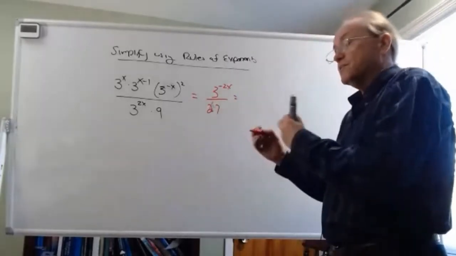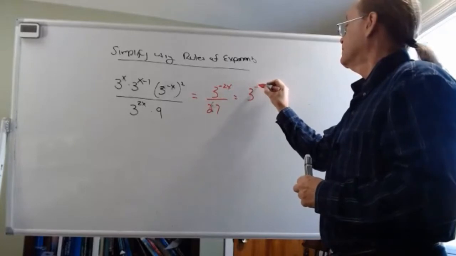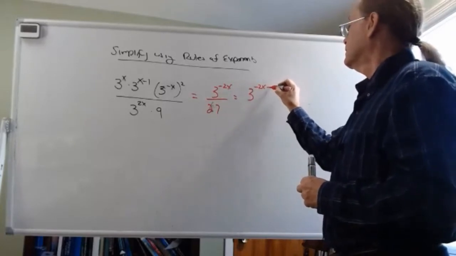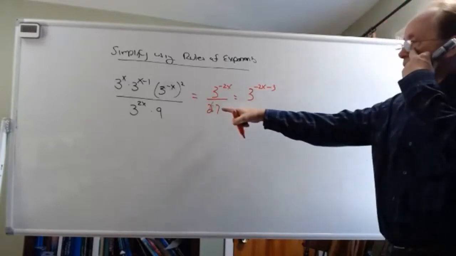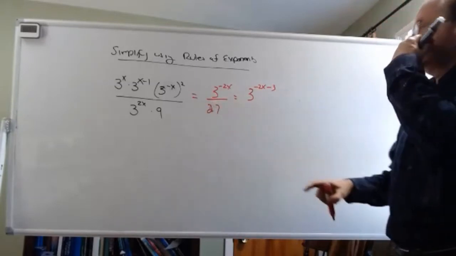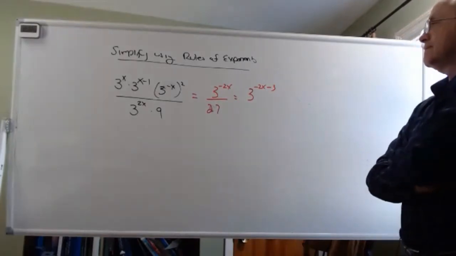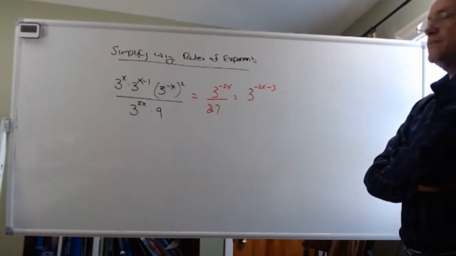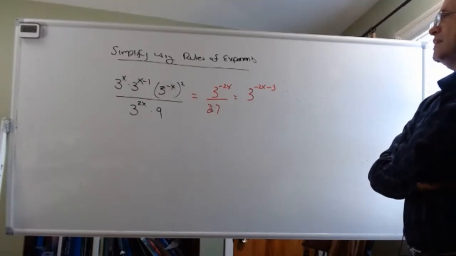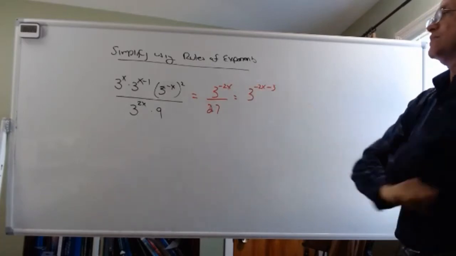Sometimes you could write it like this, if you want just one exponent over here. This is a nice, convenient way of writing it. This is okay, but it's still not as simplified as one would like. Does anyone want to see how I got those results?